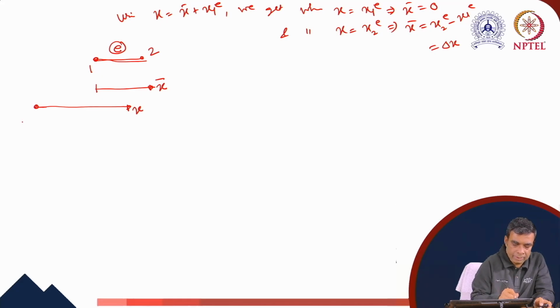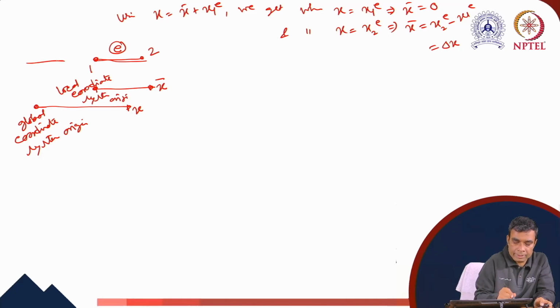This is x, so this is the global coordinate system origin, and this is the local coordinate system origin.